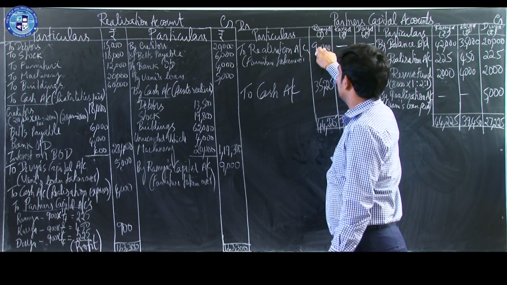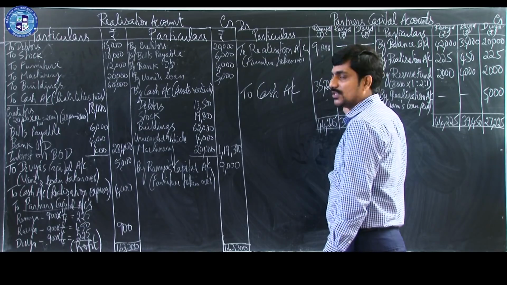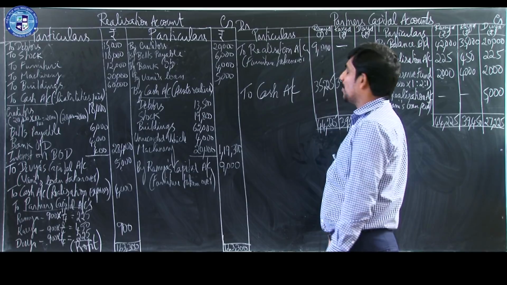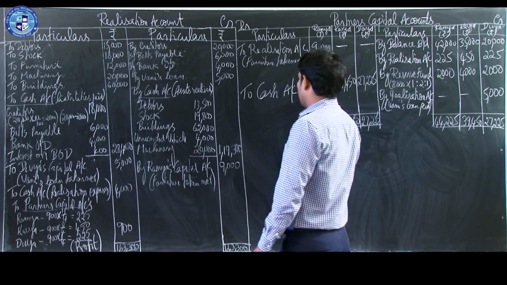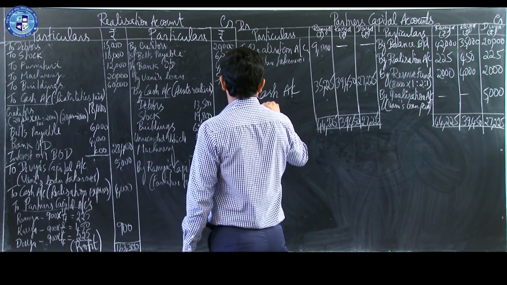How much will Ramya receive? 35,225. How much will Kavya receive? 39,450. How much will Divya receive? 27,225.